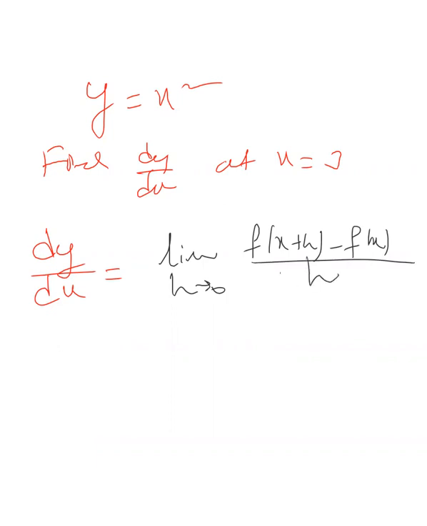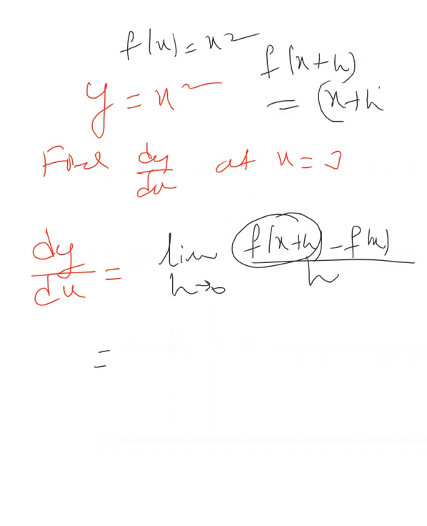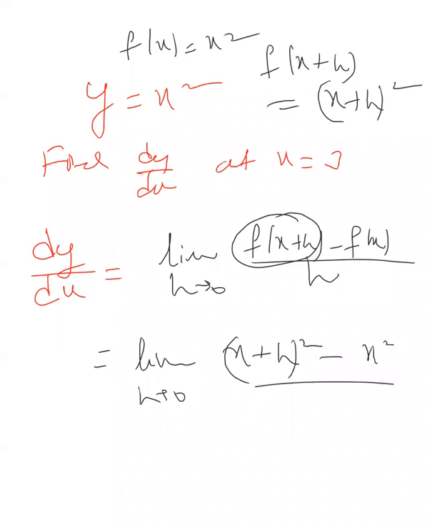And here you have to substitute everything. F of x is actually x square, so f of x plus h will be x plus h square. Limit h tends to 0, x plus h whole square minus x square upon h. The idea is that the denominator and the numerator should not become an indeterminate form.